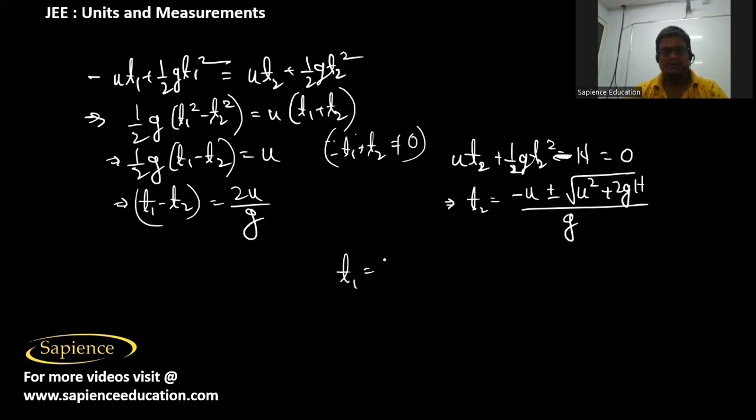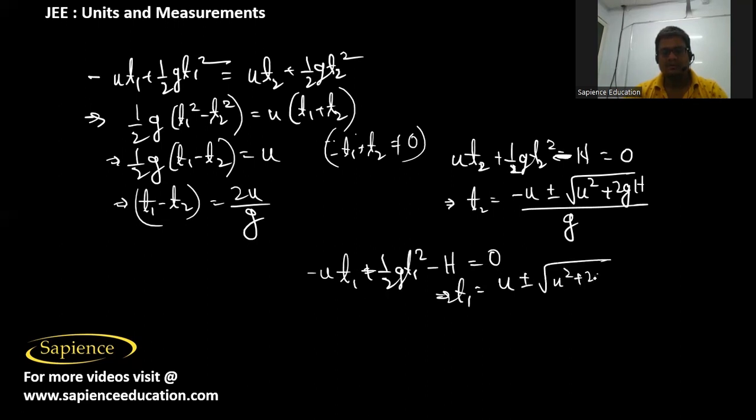And t1 will be, minus u t1 plus half g t1 square minus h equal to 0. So t1 will be equal to u plus or minus square root of b square minus 4ac, so plus 2gh by 2a, that is g.